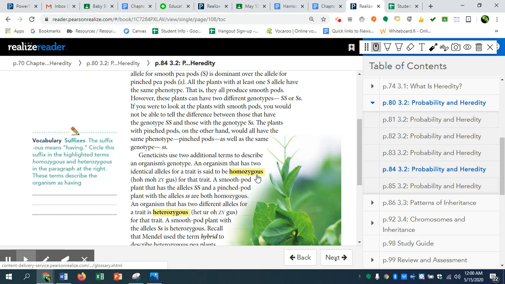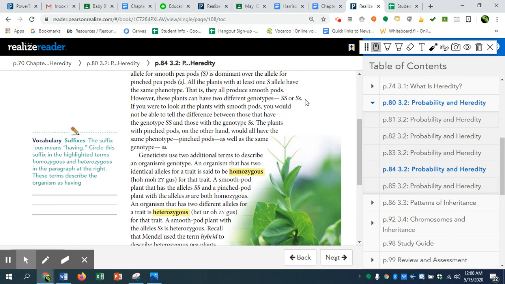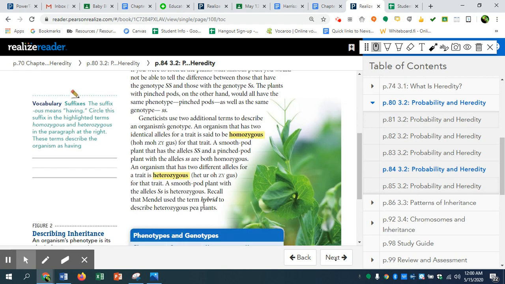The prefix homo means same. Now, an organism that has two different alleles is called heterozygous, so capital S, lowercase s. See how they're two different letters? That would be heterozygous. Hetero means different.